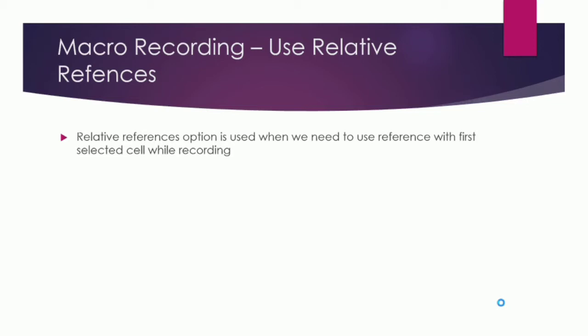So in the last video we talked about macro recording, and in this video we will talk about how to use the relative reference option. It is a very good option in macro recording. Sometimes you have to maintain a reference with the first cell that you select, I mean the cell from which you start your work.